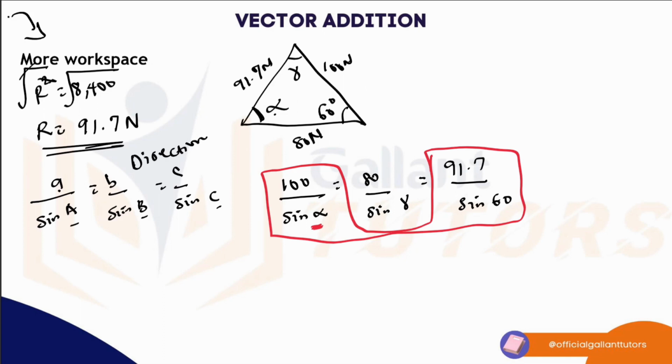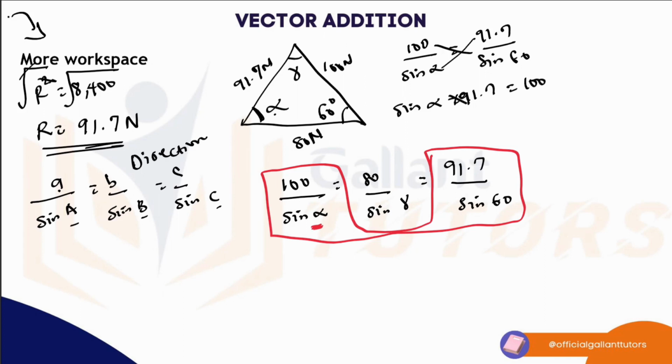So let's bring it out and solve. We have 100 over sine alpha equal to 91.7 over sine 60. Cross multiply, we have sine alpha times 91.7 equal to 100 times sine 60.